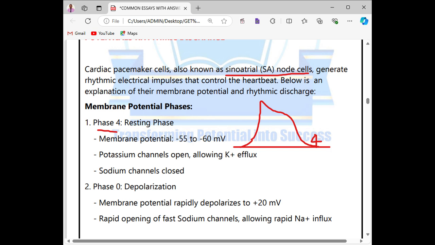We have different cells, so make sure you know the resting membrane potential of each cell. All those things are there in the cardiovascular physiology lecture, so I won't dwell much on that. Just know specifically where each belongs.